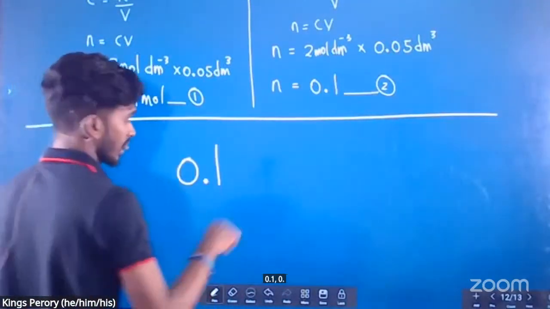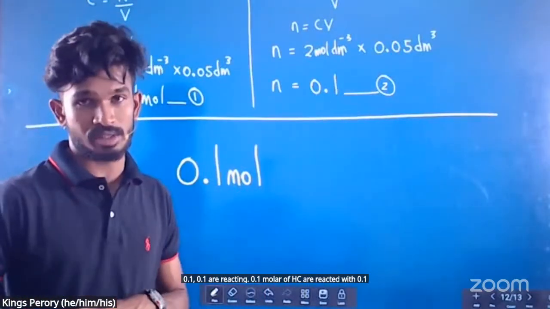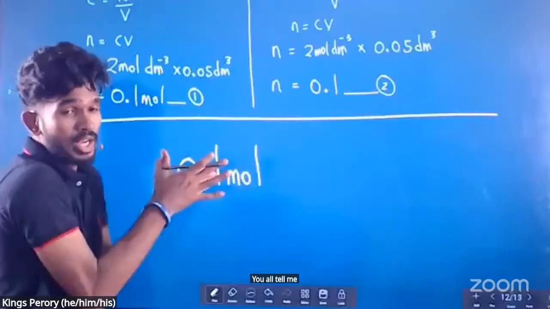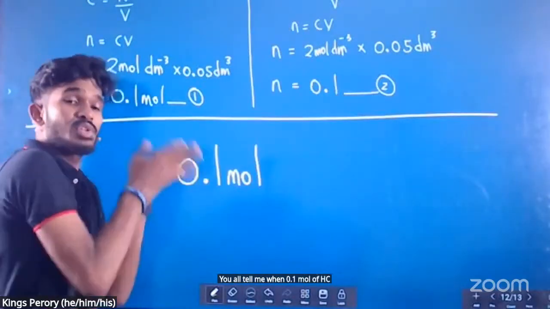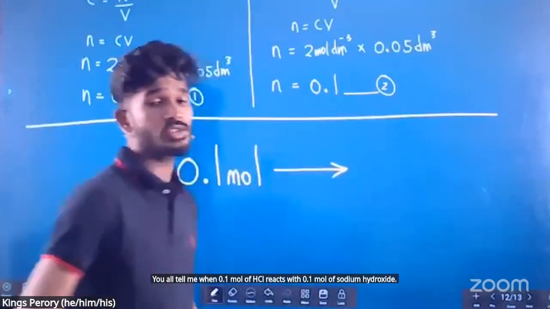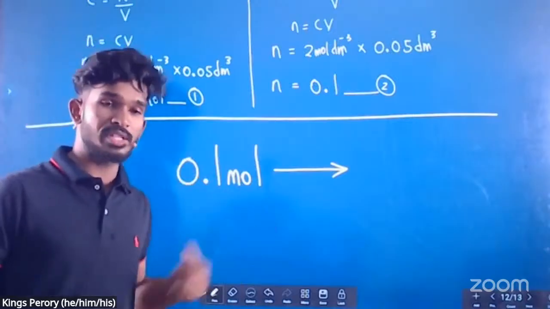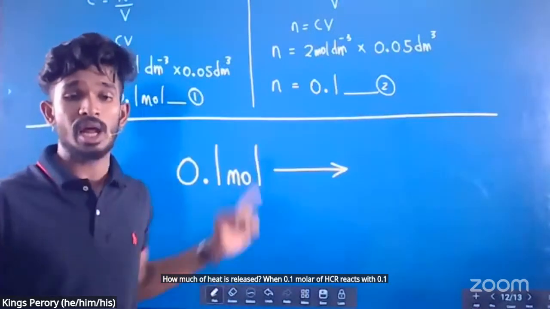You all tell me, when 0.1 mole of HCl reacts with 0.1 mole of sodium hydroxide, how much heat is released?